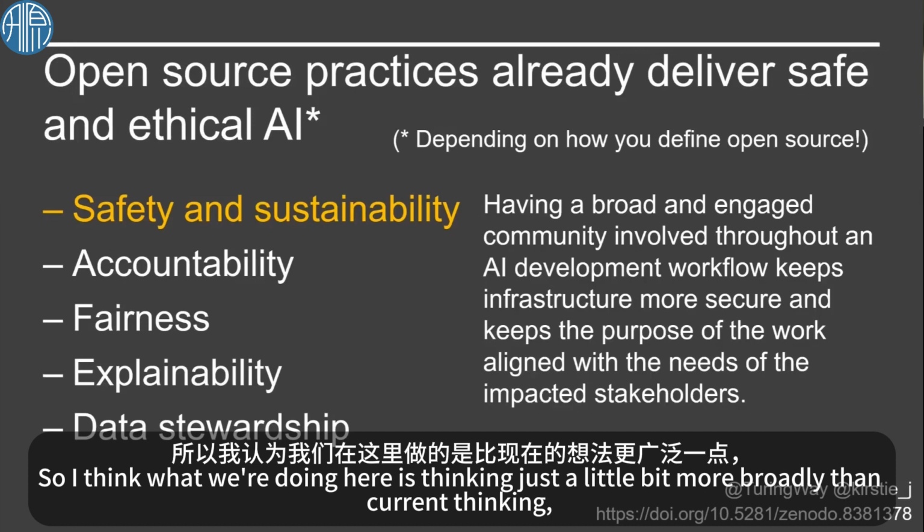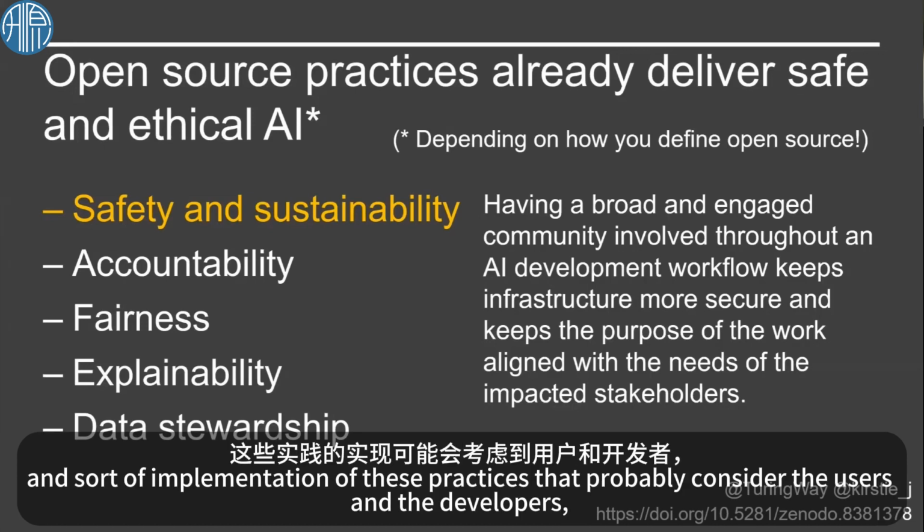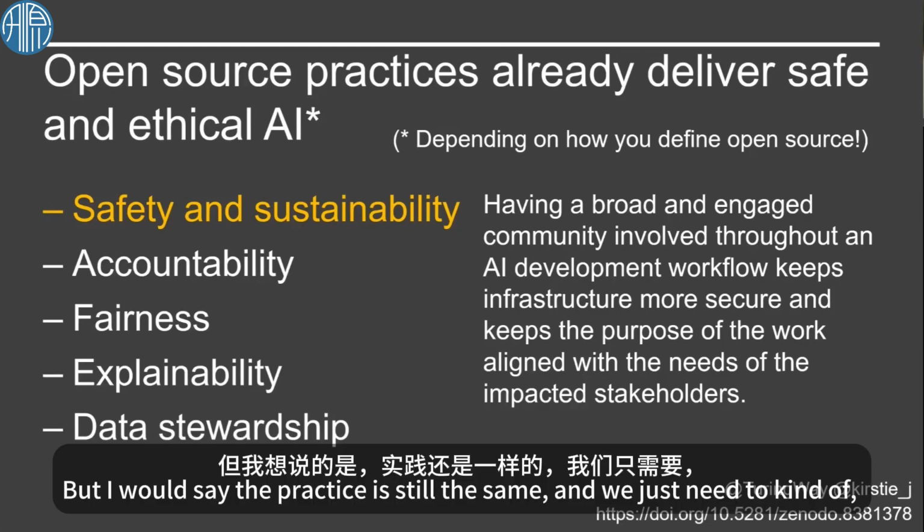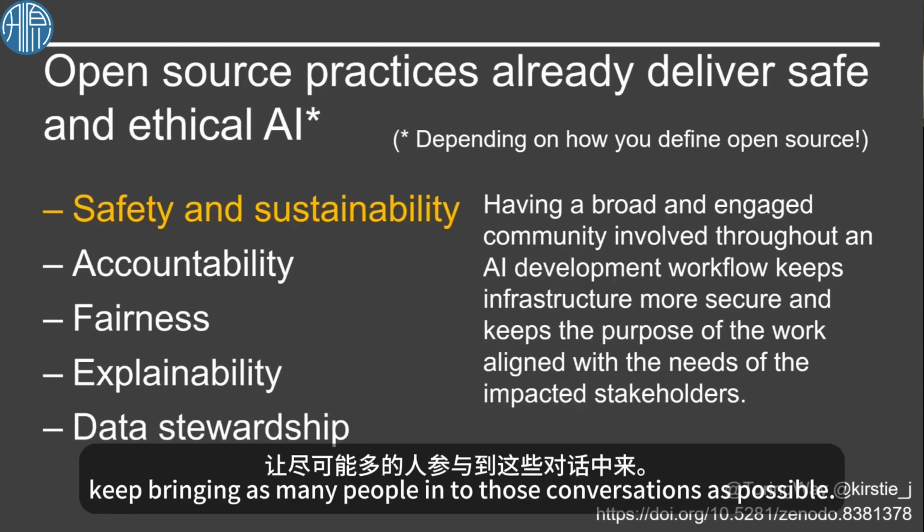So I think what we're doing here is thinking just a little bit more broadly than current implementation of these practices, which probably consider the users and the developers, but maybe don't necessarily think about the people who are impacted by the outcome of the work. But I would say the practice is still the same, and we just need to keep bringing as many people in to those conversations as possible.